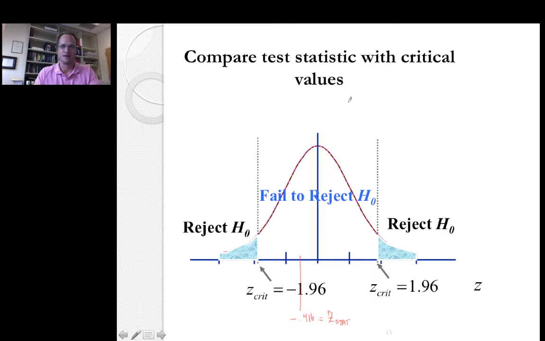And one way to write this is in absolute terms, because it's a two-tailed test. If the absolute value of the Z stat is less than Z critical, then we fail to reject. And that's what's happening here: 0.416 being less than 1.96. So we fail to reject the null.